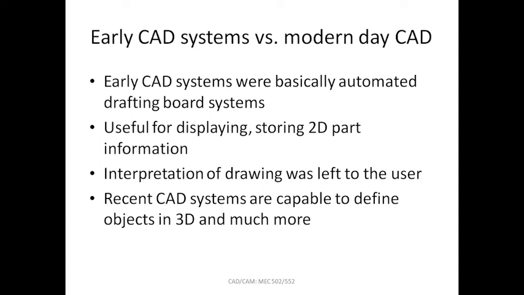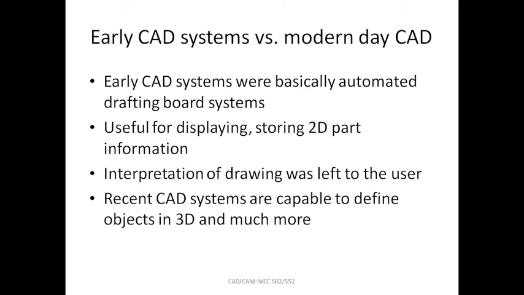So what is the difference between the early CAD systems that evolved? We have seen in our previous lecture that it evolved in 1963 with the development of Sutherland's Sketchpad, and over time they developed slowly with the evolution of more technology, both hardware as well as software.